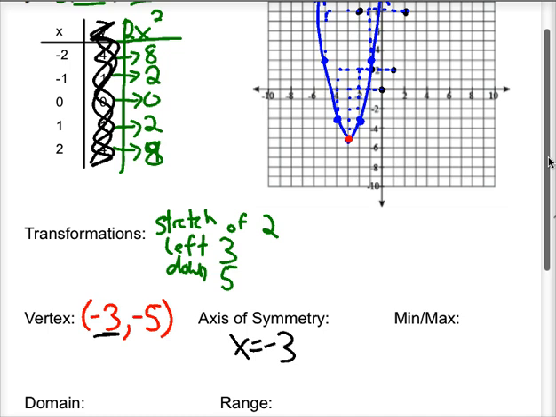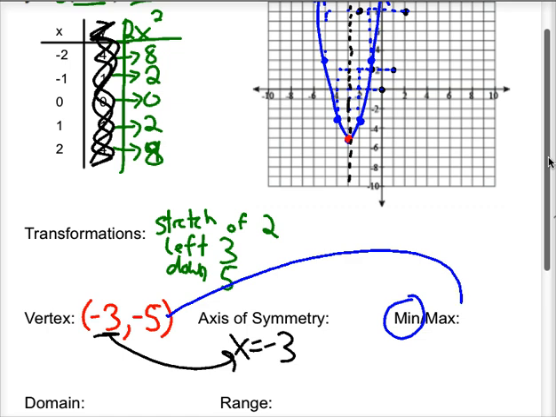So x equals negative 3. That's going to be the vertical line that cuts my parabola in half. Minimum or maximum? Well, here you can see it's the bottom of the function, so it's going to be a minimum value, and that value itself is always the y value of the vertex.